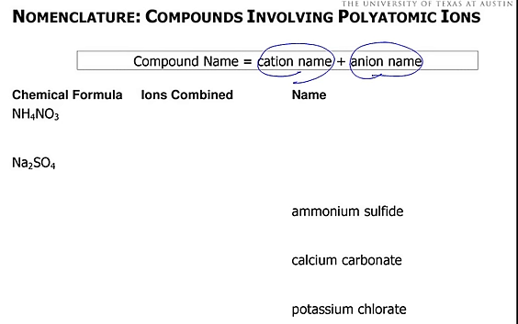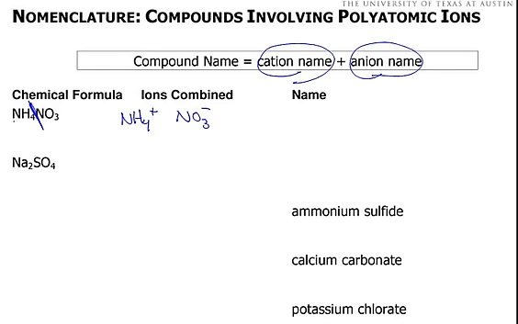Here we have NH4NO3. This compound consists of two polyatomic ions. I have to break up the compound into the ions that are combined in order to name it. So I have NH4 plus and NO3 minus. This is how this compound is broken.